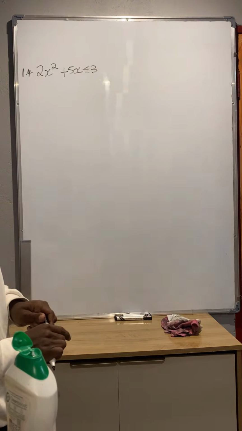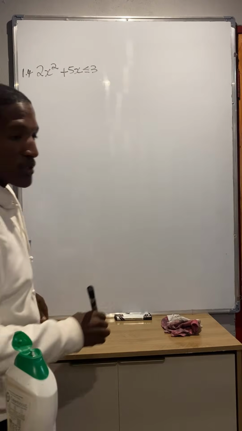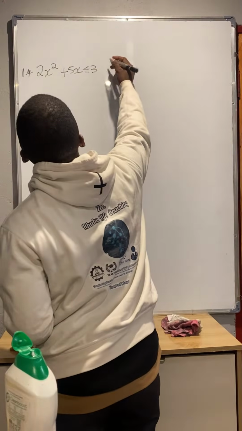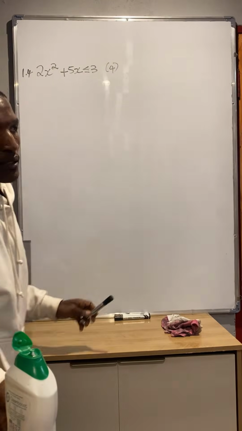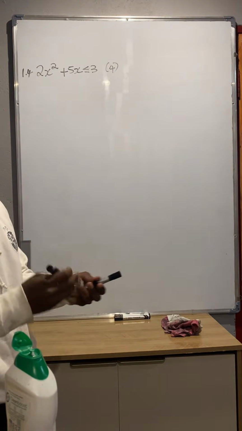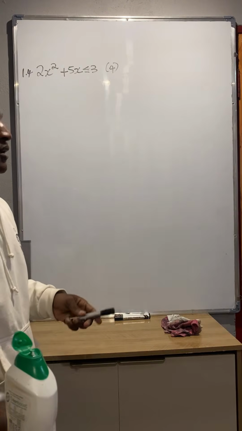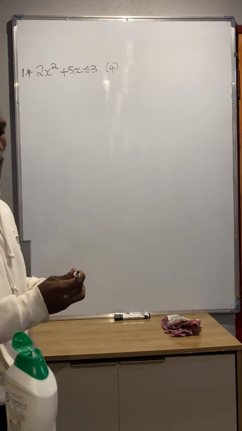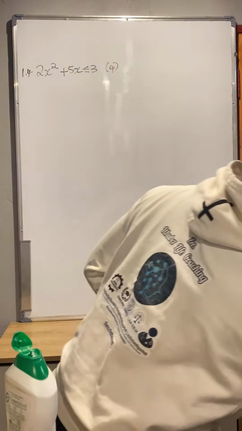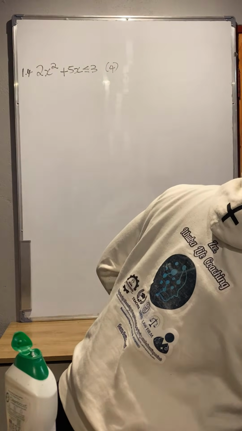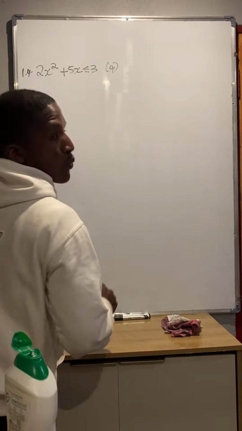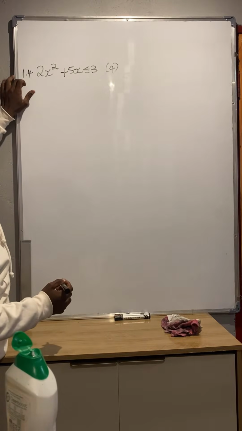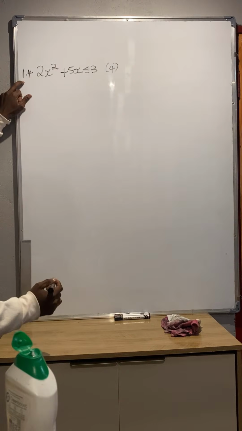So with that being the case, we are going to have to look at this. It was actually 4 marks. So let's look at the problem, family. When we look at the problem, we are going to leave one side equal to 0.